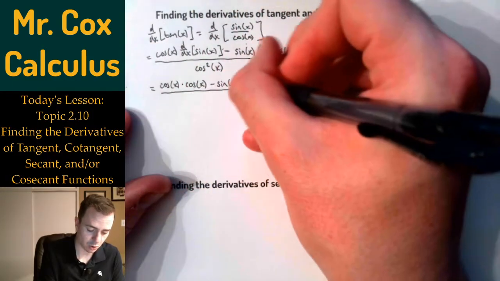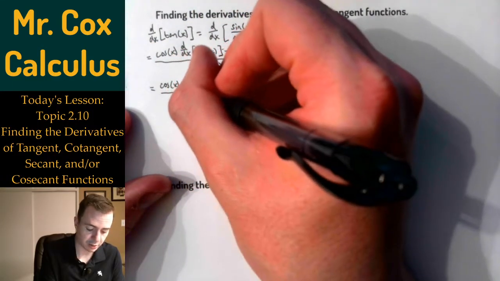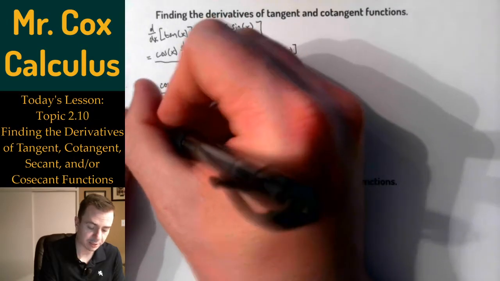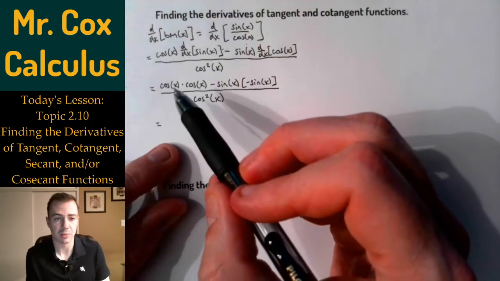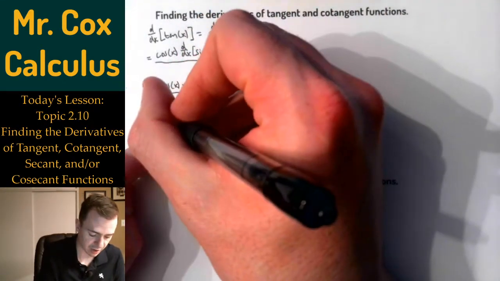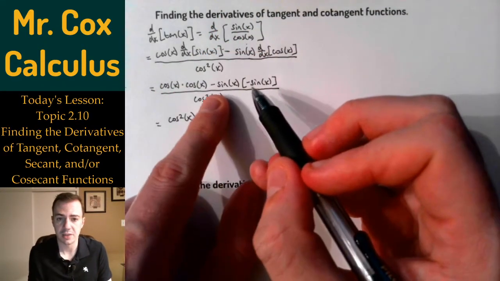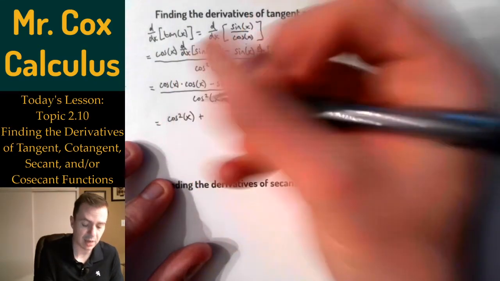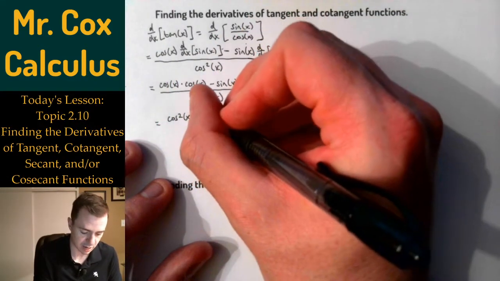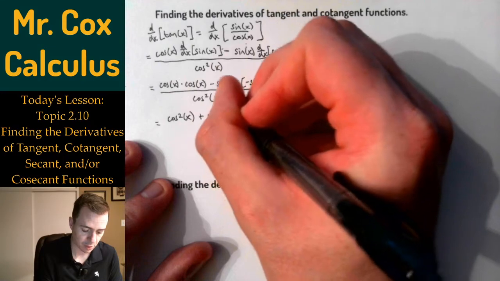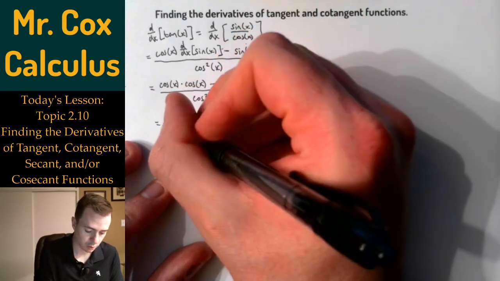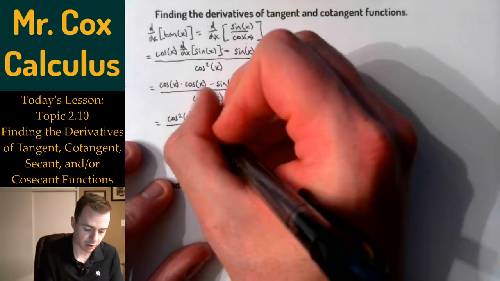And this is all over cosine squared of x. So if I look at what this numerator comes out to, cosine of x times cosine of x is cosine squared of x. The negative times negative becomes positive, and then sine times sine is sine squared of x, all over cosine squared of x.